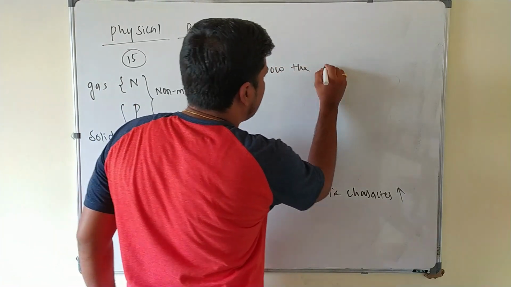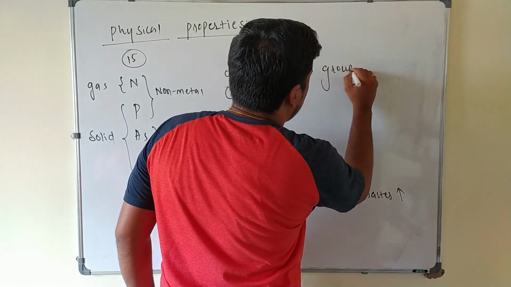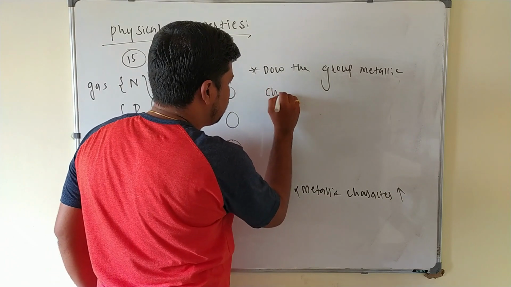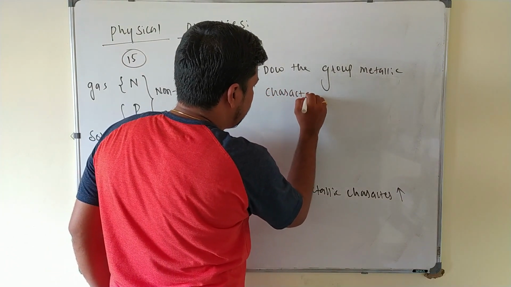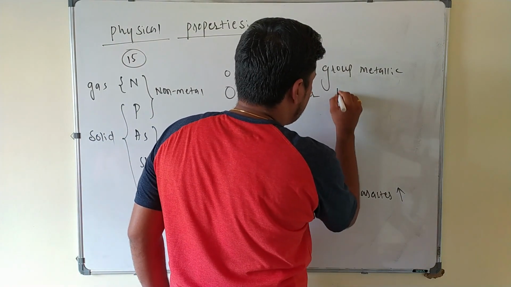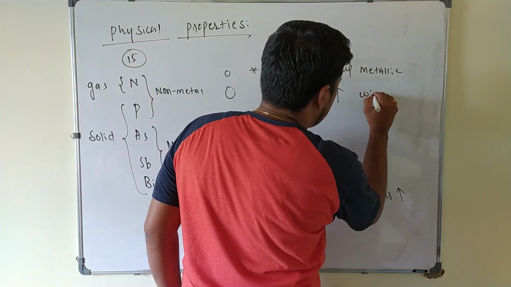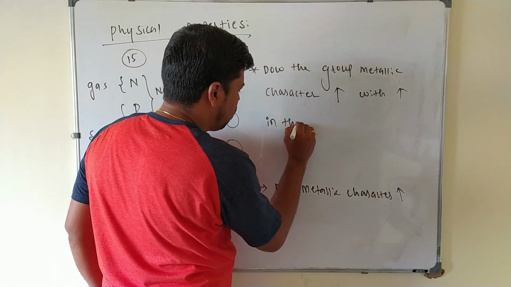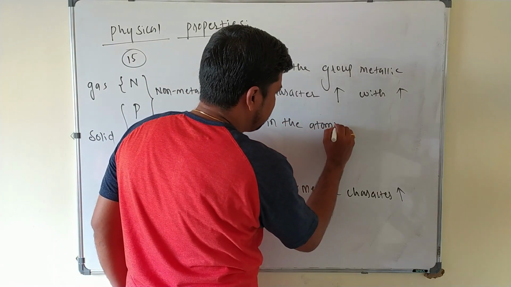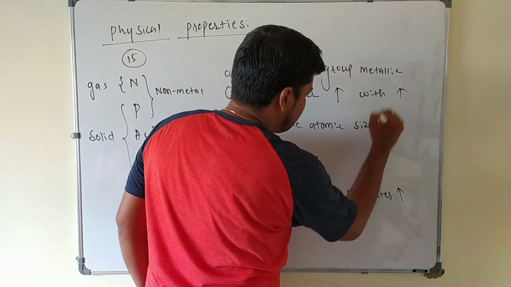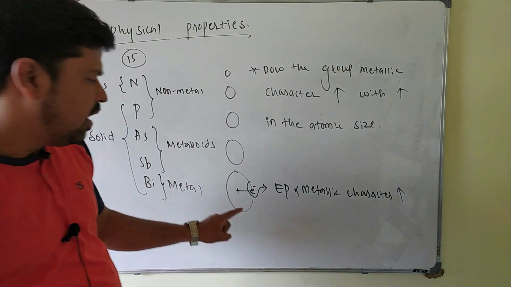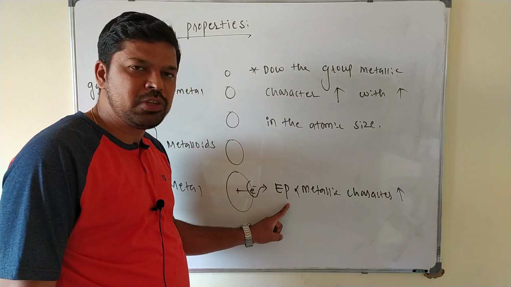Down the group, metallic character increases with increase in the atomic size. Always keep in mind, large size atoms readily lose electrons, they are electropositive in nature.